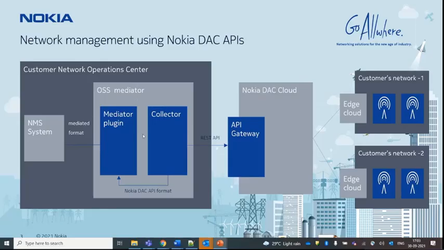That software would then use the REST API calls provided by the NDAC system to call it periodically, and the data that is collected periodically would be sent to the plugin. So the mediator plugin can be connected to any of the next external network management systems. And if a customer or partner has their own network management system, they can get this mediated data into their system and visualize the data.